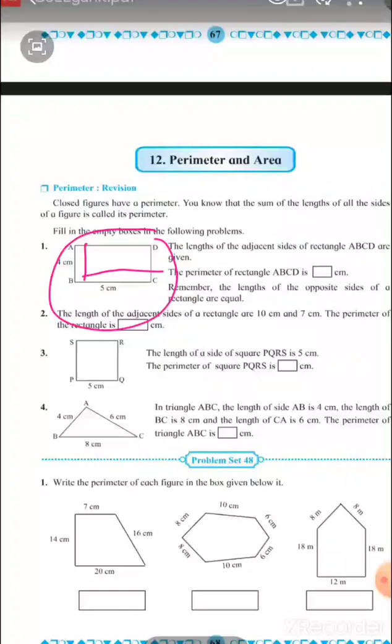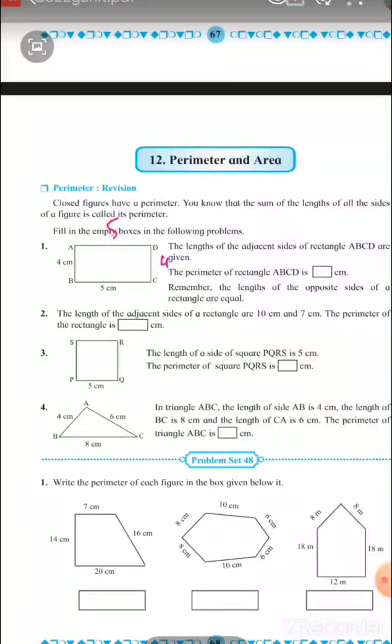In a rectangle, the lengths of opposite sides are equal. That means if AB is 4 cm, then DC will also be 4 cm. If BC is 5 cm, then AD will also be 5 cm. So side DC will be 4 and side AD will be 5.